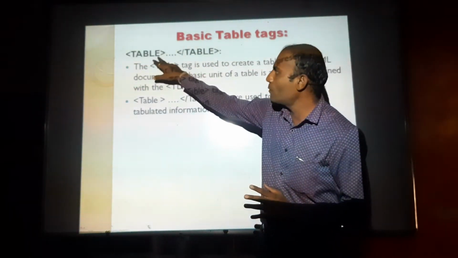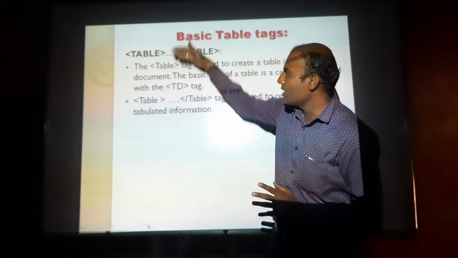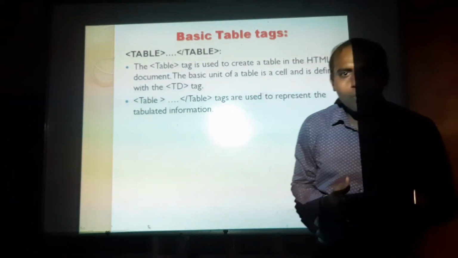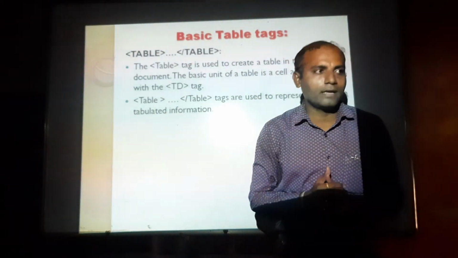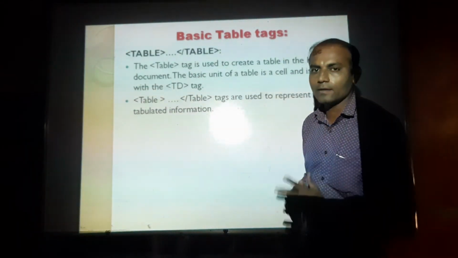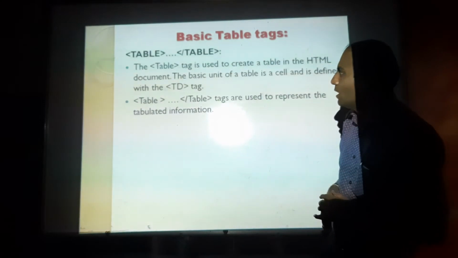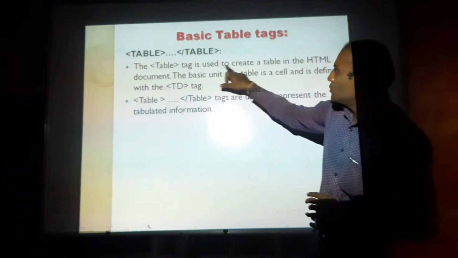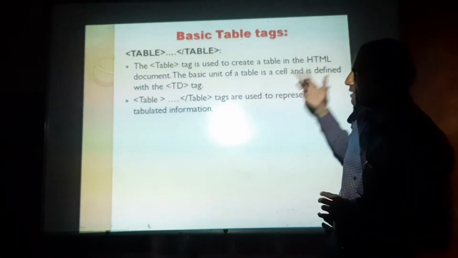In between the opening and closing table tags, we have to write the number of rows we want in the table, and similarly the number of columns required in our table. The table tag is used to create the table in the HTML document.